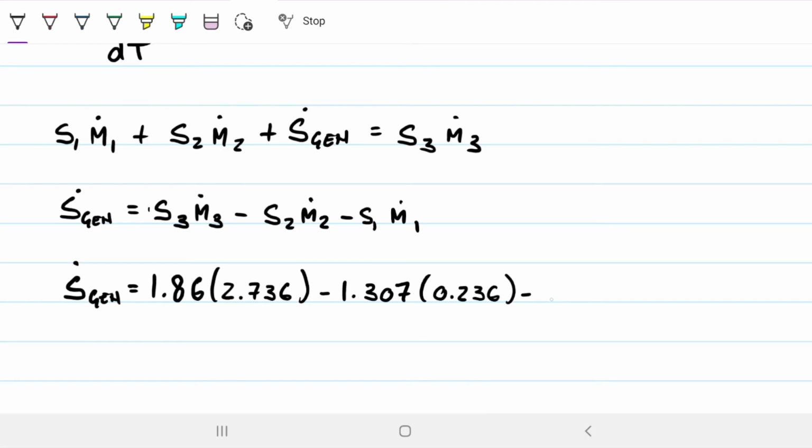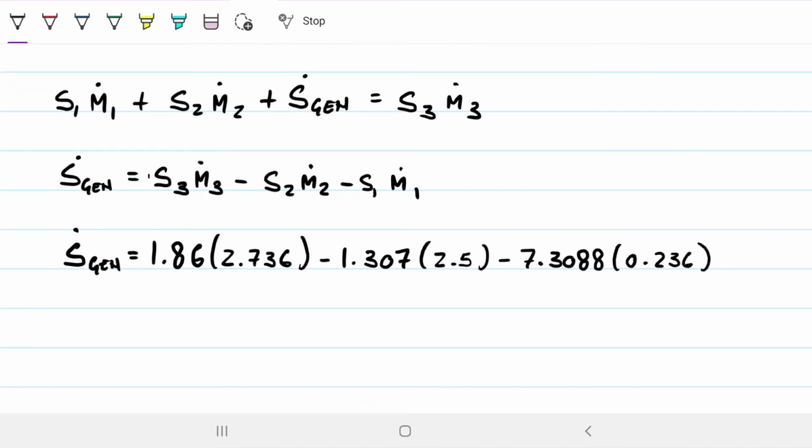And then S1, oh no, never mind, S1 is the one that's very small, this is a big one, so this is 2.5. 1 is the steam, so that should be the greatest one. We have 7.83 times 2.5 minus the small one we just found, 0.236.